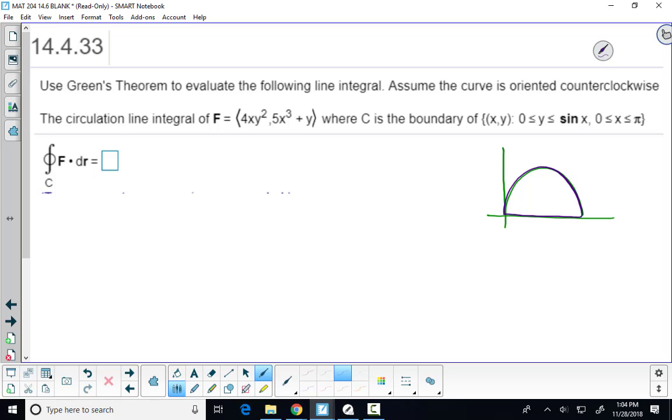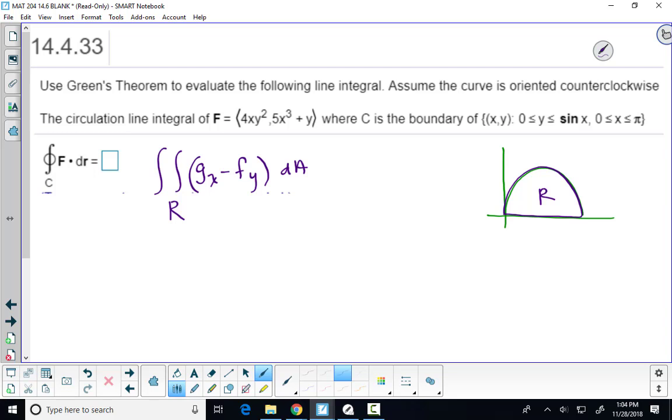So you would want to use the double integral of the curl, and the two-dimensional curl is g sub x minus f sub y, over the region, this is your R. It's going to be a little messy when you go to integrate it because you have to use integration by parts. So try that out.